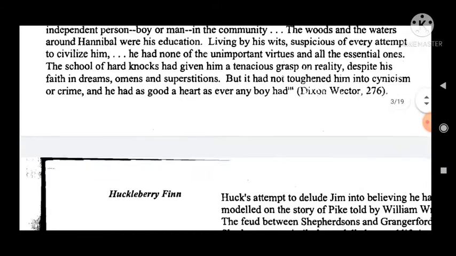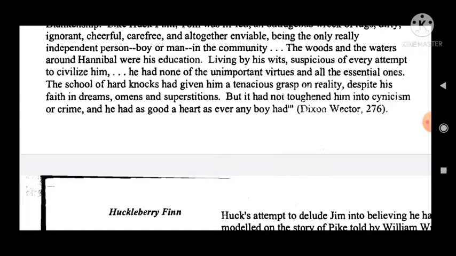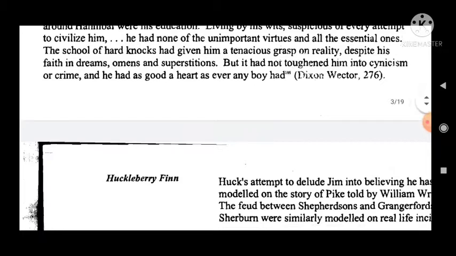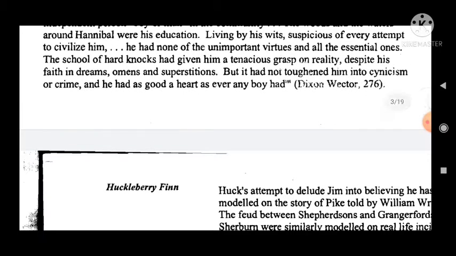Living by his wits, suspicious of every attempt to civilize him, he had none of the unimportant virtues and all the essential ones. The school of hard knocks had given him a tenacious grasp on reality, despite his faith in dreams, omens and superstitions. But it had not toughened him into cynicism or crime, and he had as good a heart as ever any boy had.